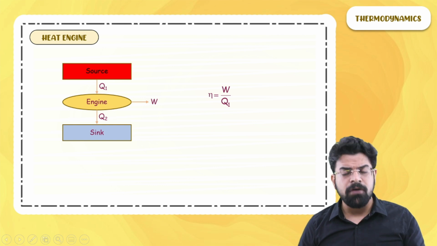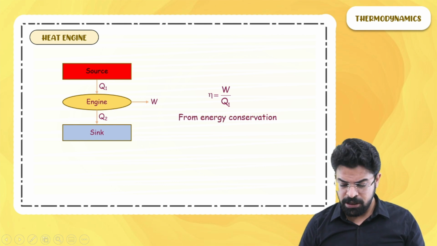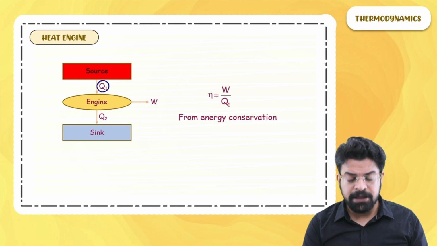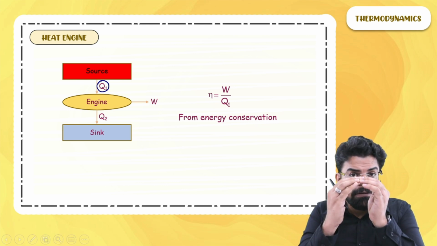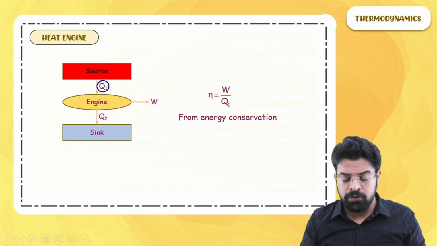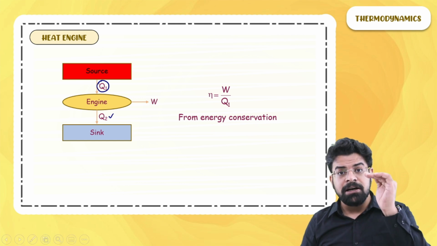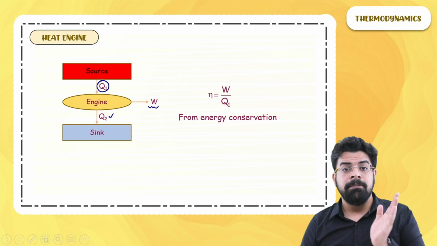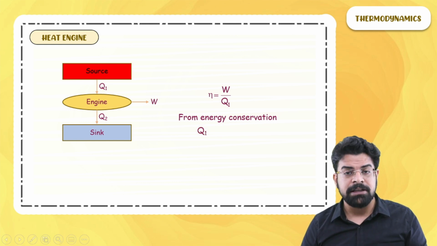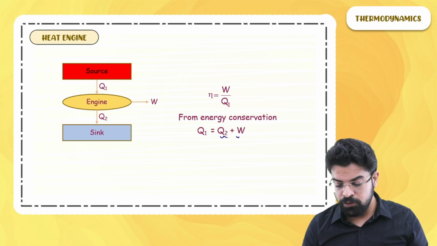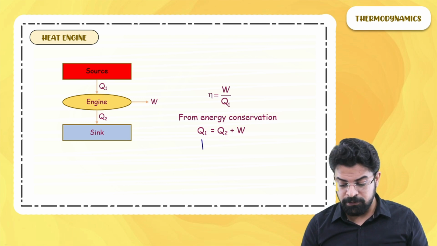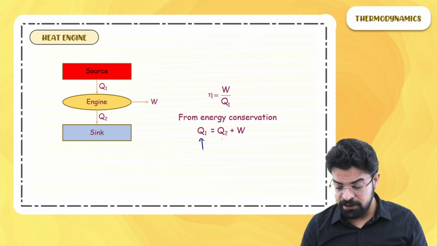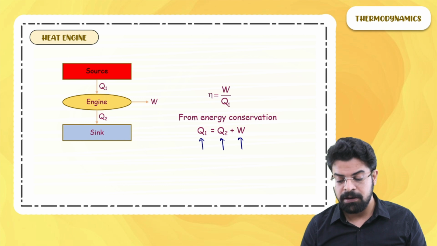From the principle of conservation of energy, we can say that the energy given to the engine is equal to the energy discarded by the engine plus the work done by the engine. So from here we can say Q1 equals Q2 plus W. The heat provided to the engine equals the heat discarded by the engine plus the work done by the engine.